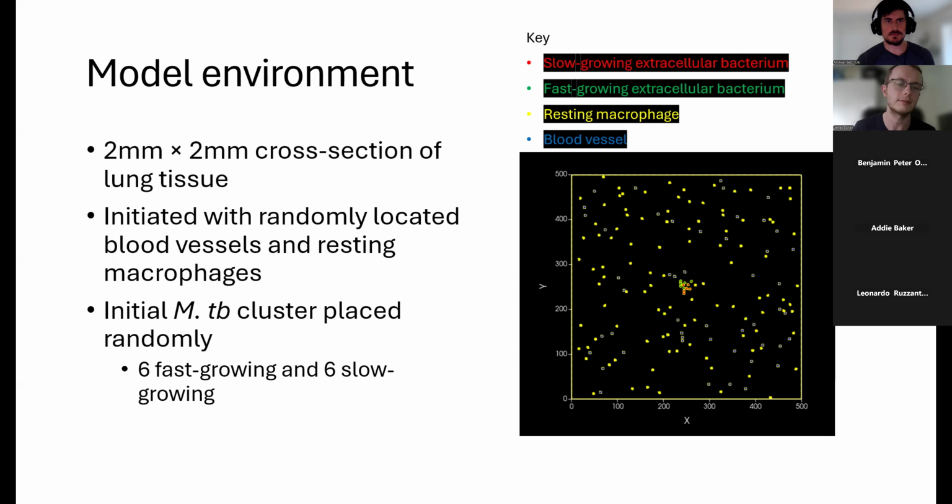In particular, the slow-growing dormant state is the sort of bacteria that Ruth's original paper in 2018 suggests will be the ones that are left when we see instances of disease reactivation or relapse after treatment. So it's worth keeping 2 different phenotypes in, just to see if we see the differences between the fast-growing state and this dormant, slow-growing state at the end, as the original paper suggested we should.